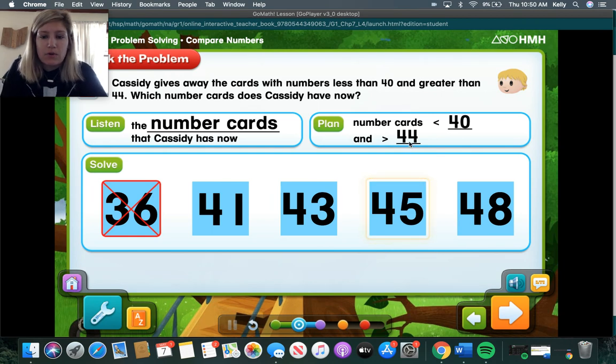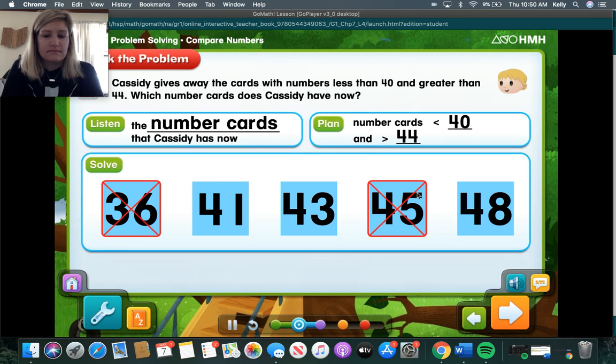And now let's look at the ones. There's 4 ones in 44 and 5 ones in 45. So let's see. Yes, 45 is greater than 44. Cassidy gave away that card, so it is crossed out.